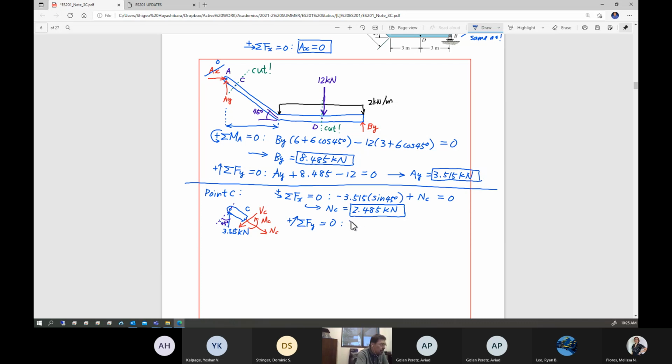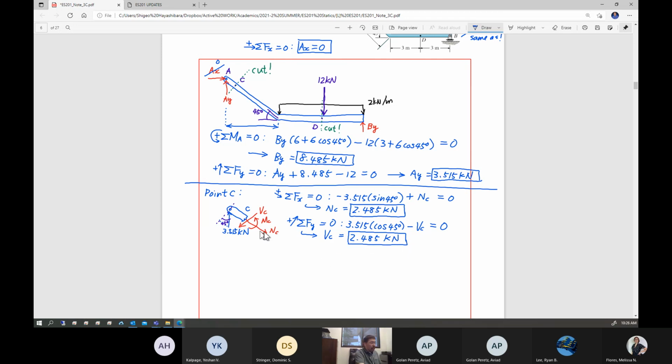So this is positive 3.515 cosine 45 degrees minus BC is equal to 0. From here, you can get BC, which is 2.485 kilonewton. Same value as the normal force.